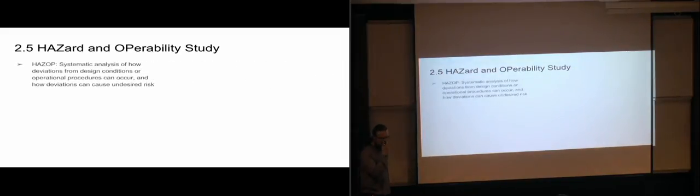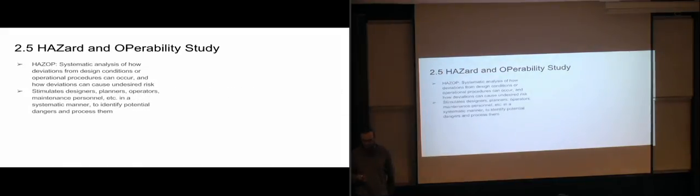It's a systematic analysis of how deviations from the conditions that we've set in our design or the operational procedures that are going to be performed can occur, and also how those deviations can cause risk. And all risk is, as it says there, undesired. We really don't want risk when we can avoid it.